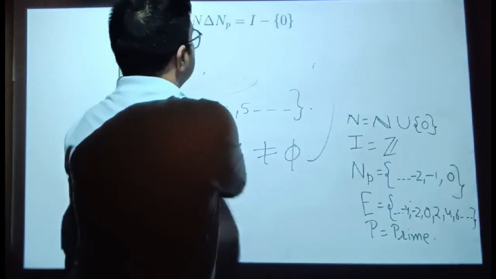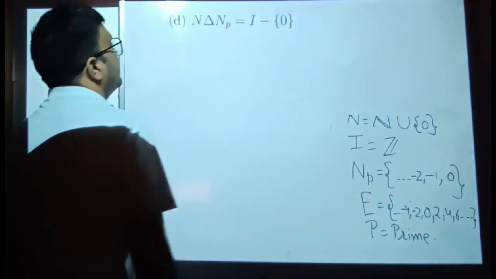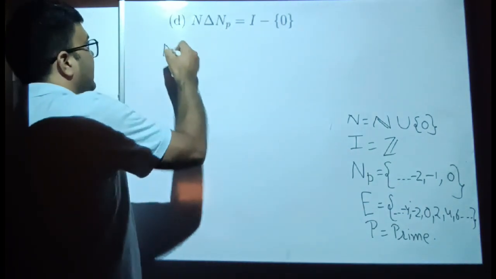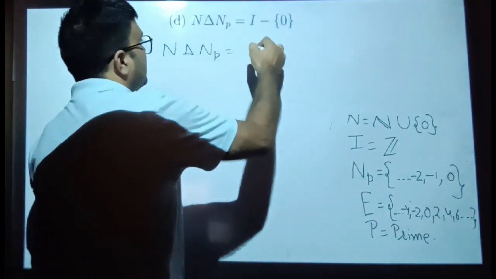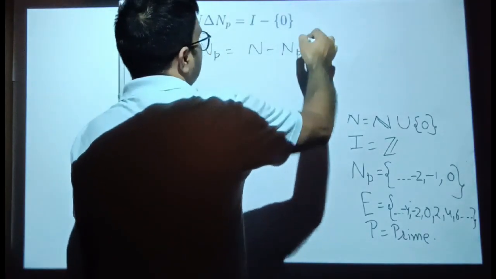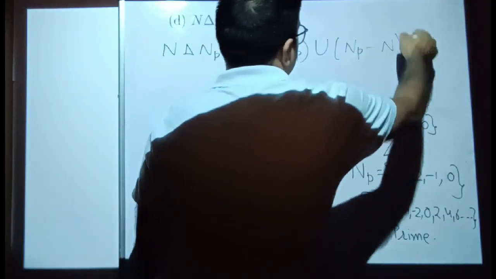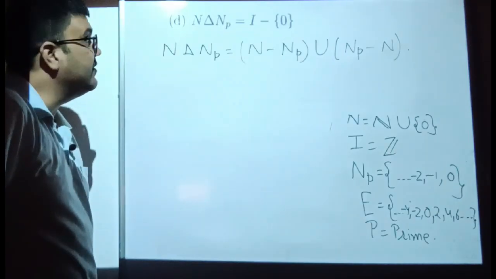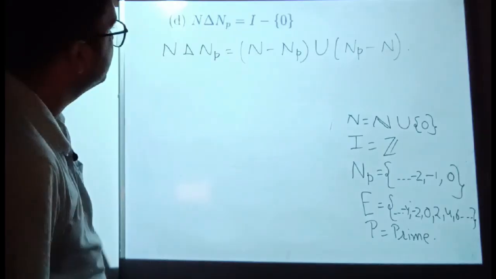The last part we have is N delta NP, the symmetric difference of N and NP. It means we are talking about N minus NP union NP minus N. This is the definition. And we have to prove that this is equal to I minus {0}.